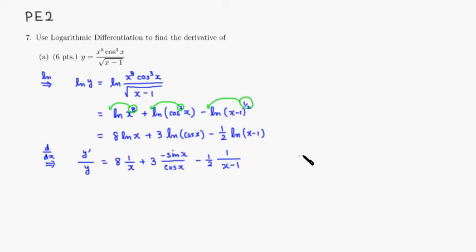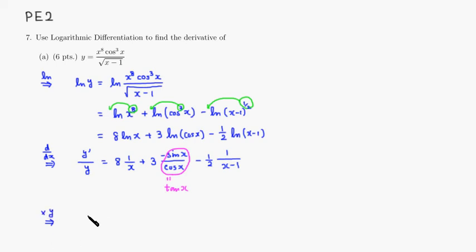Then we can do a little bit of simplification. For example, sine over cosine can be written as tangent of x. The last step: since we're looking for y prime, we multiply both sides by y so that we get rid of the y on the bottom.